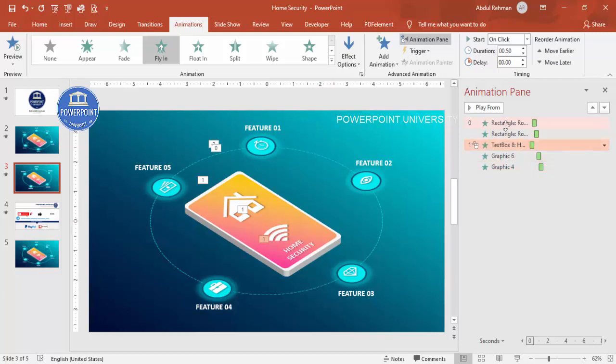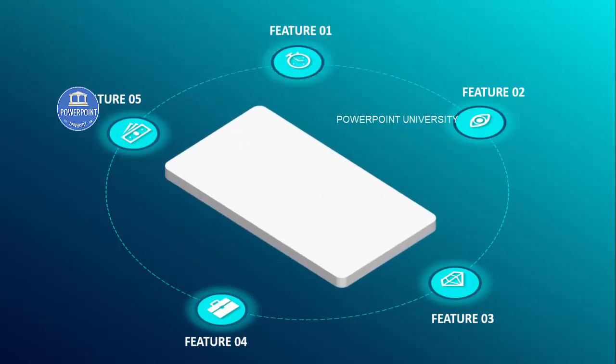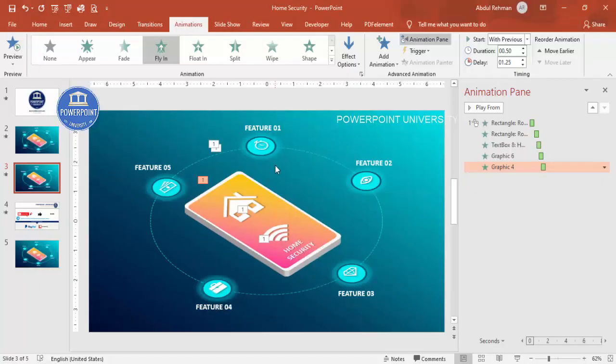So this one maybe I have to just make it on click, and then here it's with previous, and then let me just increase the size. Because I had selected the wrong selection, that's the reason it came like that. So you can see here it is coming perfectly all right now. Now the same thing you can apply on the features also.